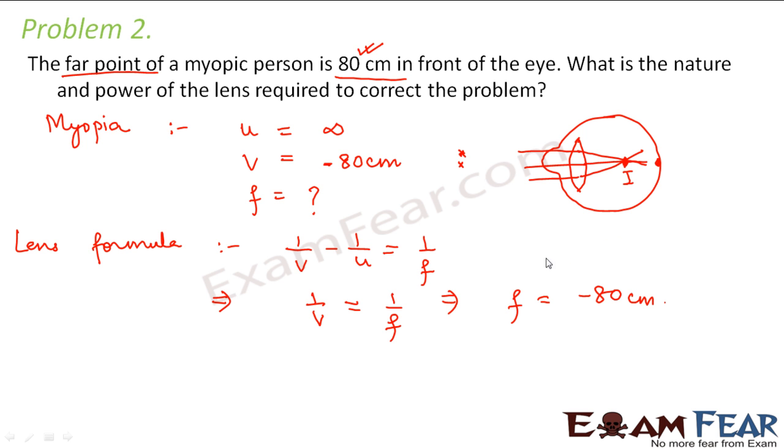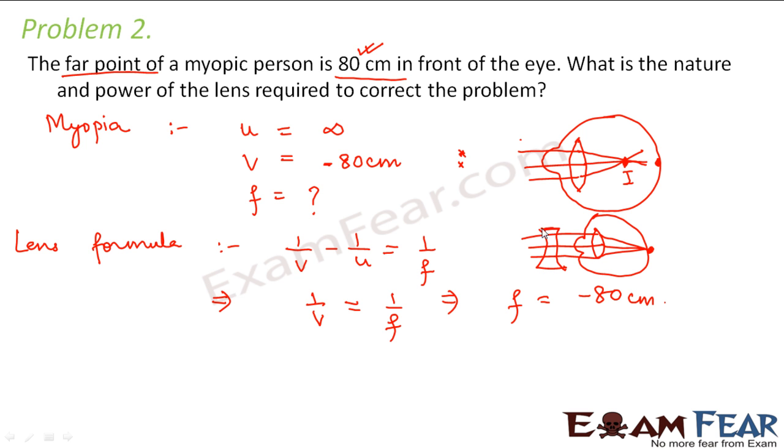What kind of lens do we need in this case? We would need a concave lens, because a concave lens is the one which will diverge the beam of light and make them converge on the retina. So we will be using a concave lens.